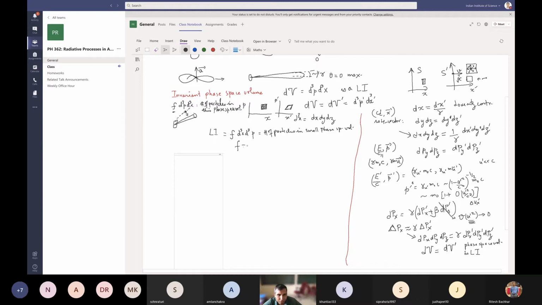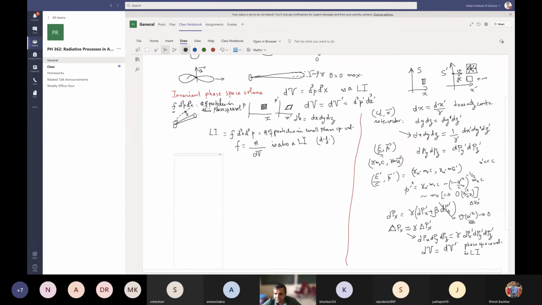That means f, which is equal to number divided by phase space volume, is also Lorentz invariant. Understand? This is the distribution function. So this particle distribution function is a Lorentz invariant.